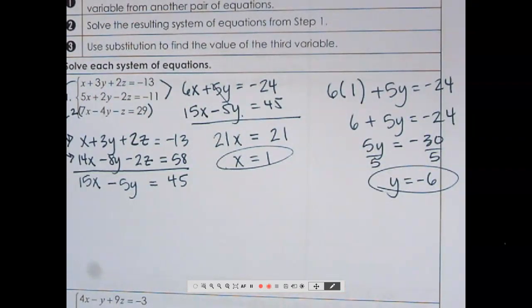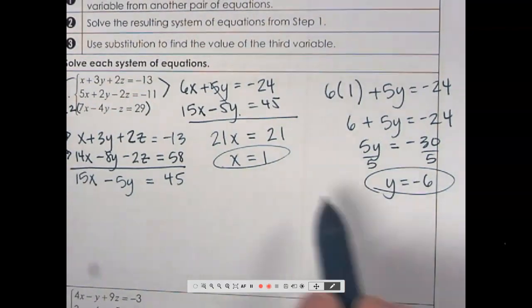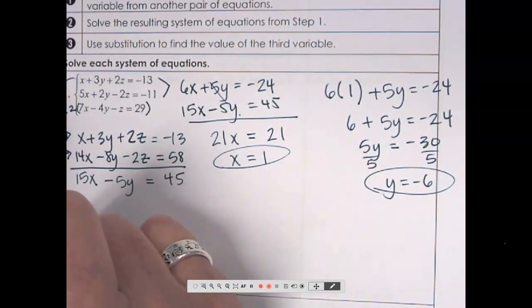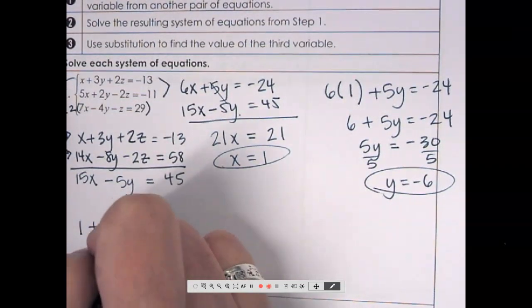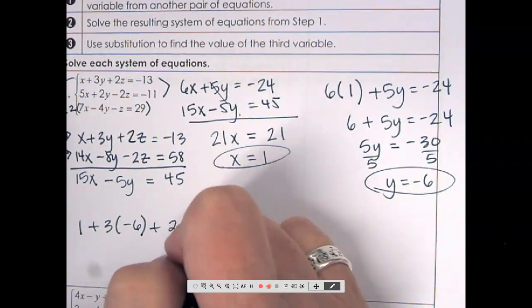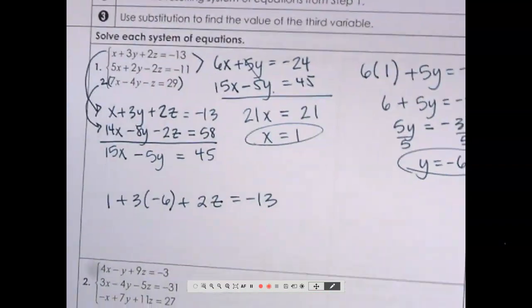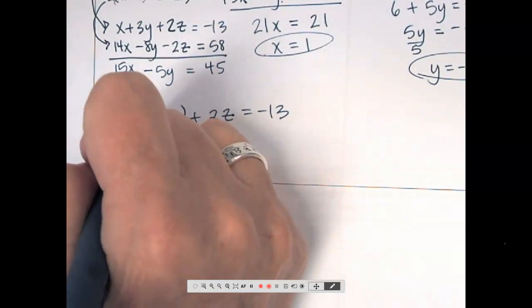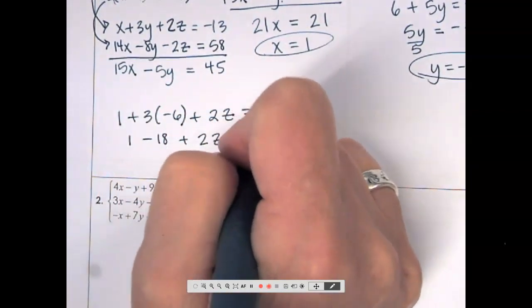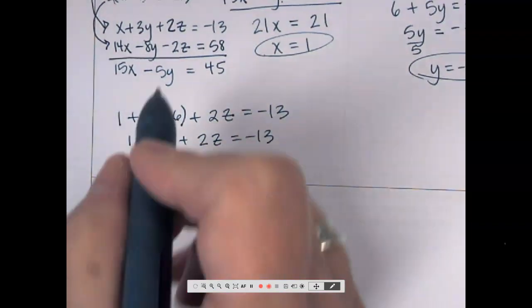Okay, so I know x, I know y. Go back to the original 3. Pick any one that you like. I think I'll go with that top one. Plug x and y in and we'll be able to find z. So I have 1 plus 3y plus 2z equals negative 13. 1 minus 18 plus 2z, negative 13.